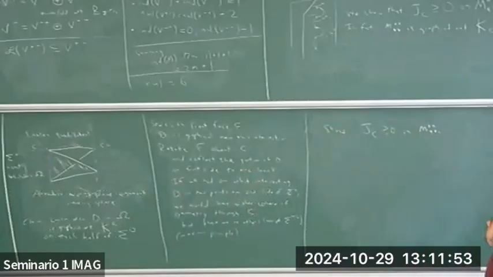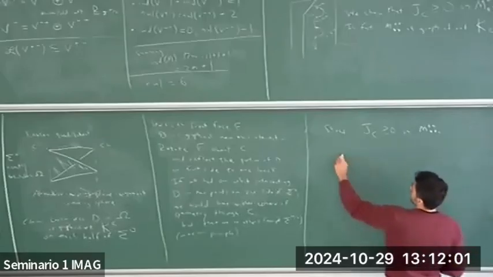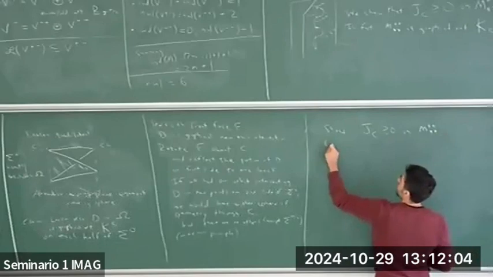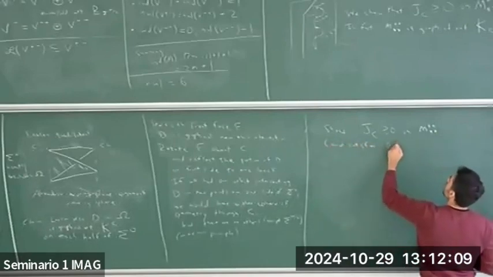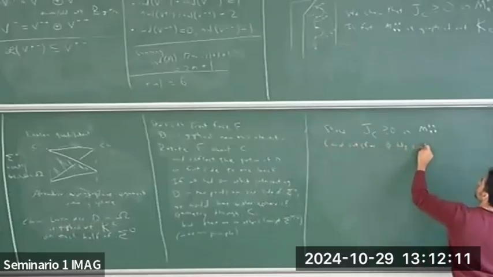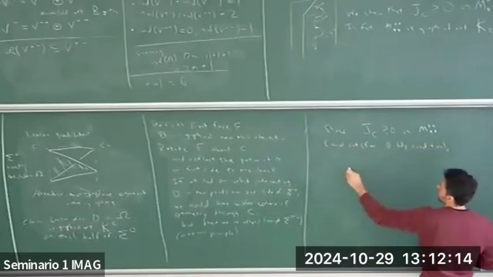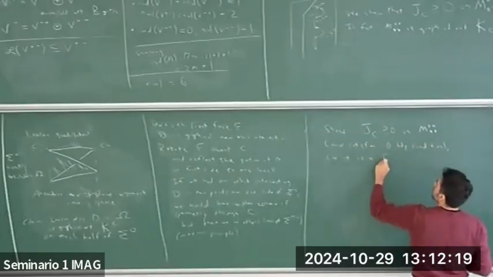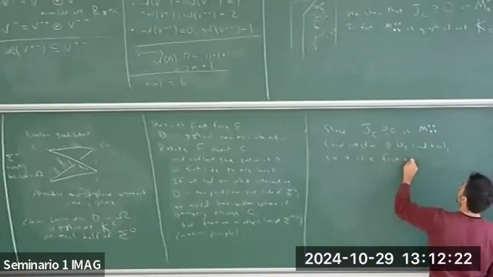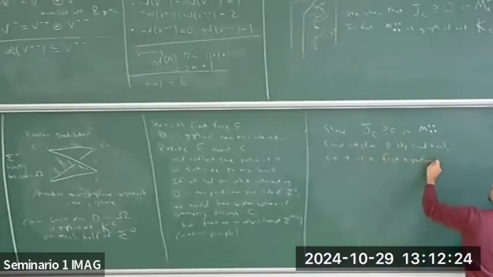Okay, so JC is in the function space that we're looking at, and that satisfies the Dirichlet condition. Okay, so it has to be a first eigenfunction, because it does not change sign.